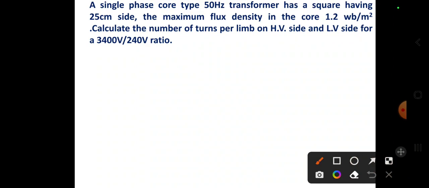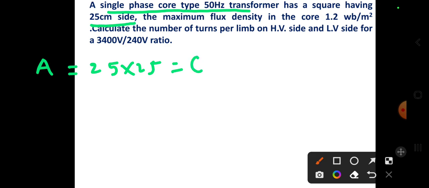See here, this is also a single phase core type 50 Hz transformer, having a square core of 25 centimeter square. Square in the sense indirectly has given A. A is equal to 25 into 25. Yes, so how much is this value? 625 centimeter square.